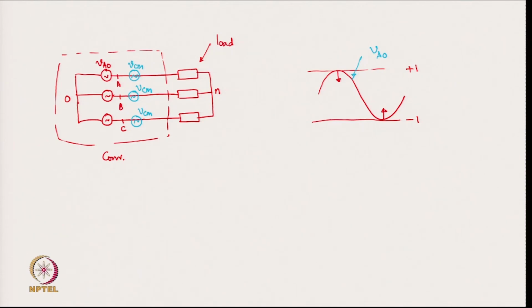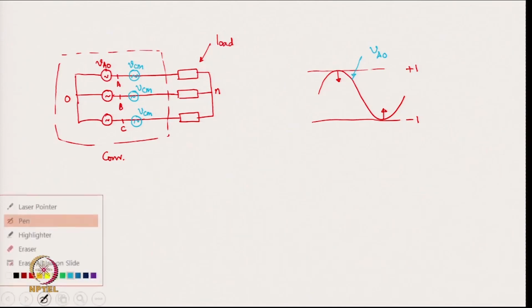Now, why is it a common mode voltage? Because in the line the common mode voltage will vanish, and hence across the load there will not be any common mode voltage. Suppose we have added VCM as a common mode voltage to VAO, VBO, VCO.